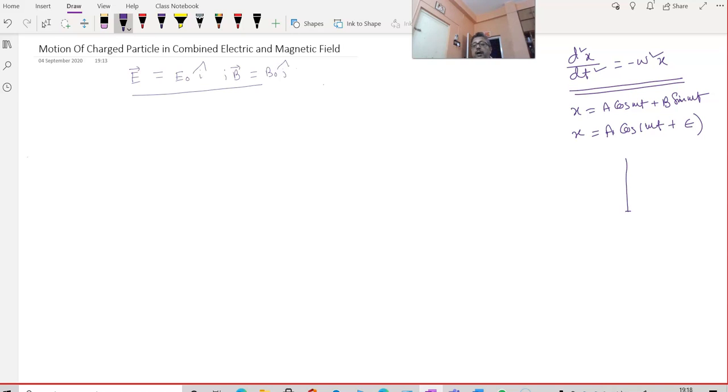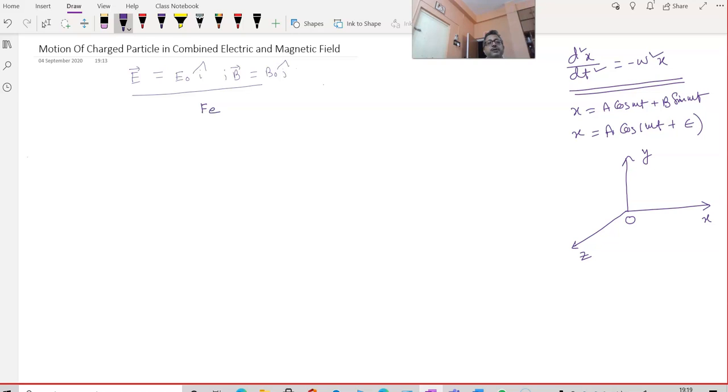On it, the electric field is directed along x-axis, the magnetic field directed along y-axis. So if the magnetic field is directed along y-axis, then to find the magnetic Lorentz force here, first you write the electric Lorentz force.